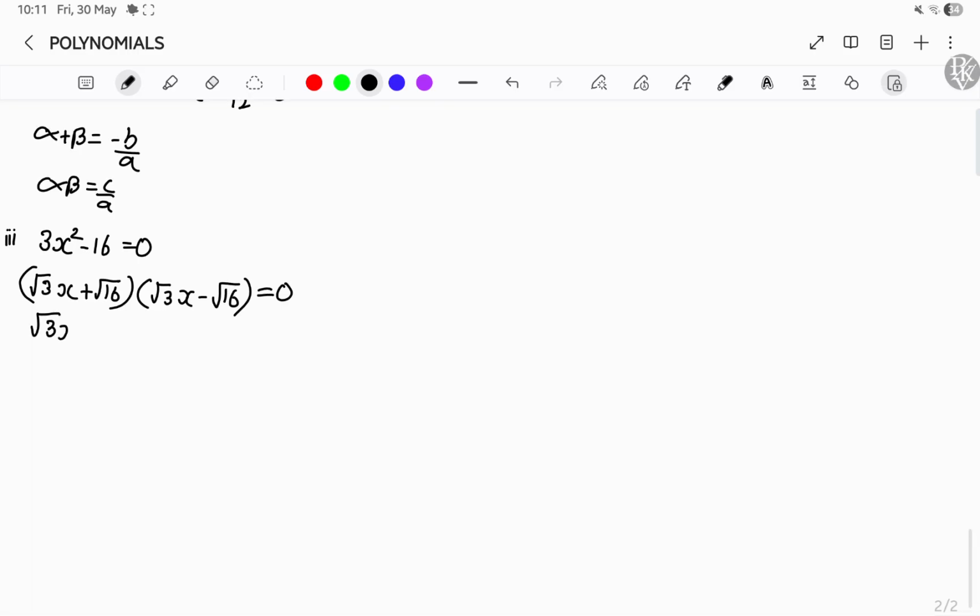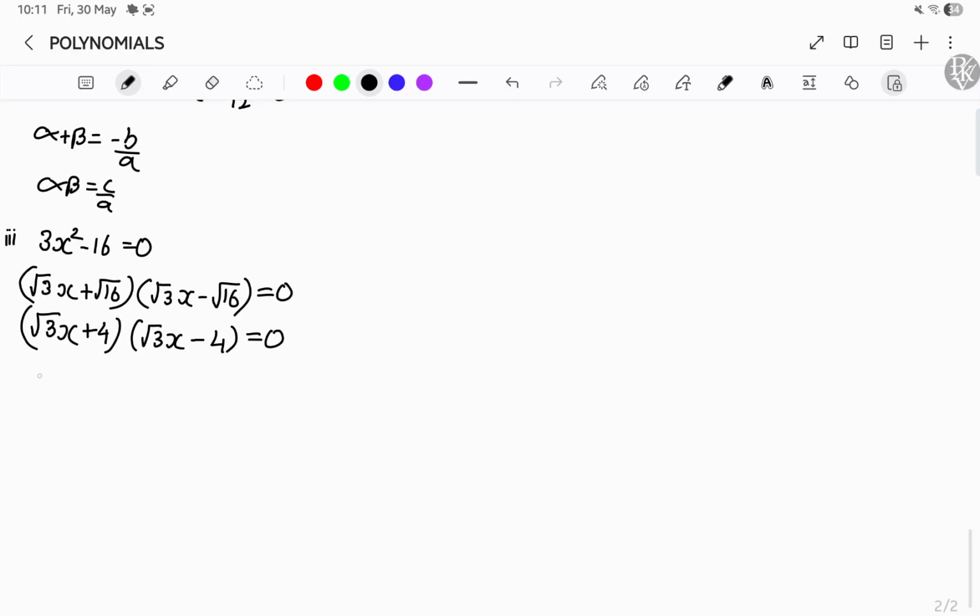And then root 3x, you know root 16 is 4. So you write 4 here. Root 3x minus 4, root of 16 is 4. This will be equal to 0.